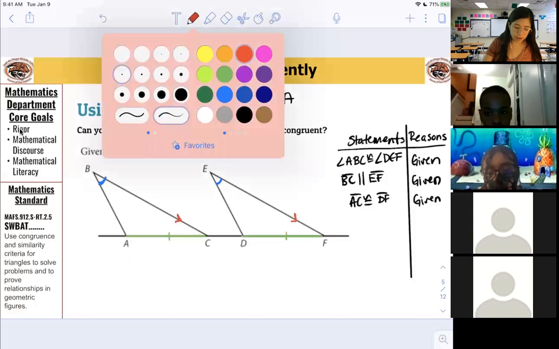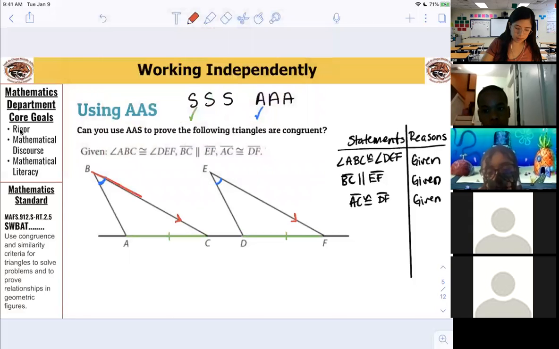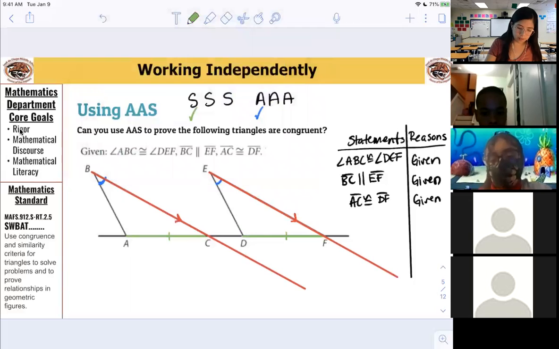But since we know that BC is parallel to EF, I'm going to extend them. Since we know those two are parallel, then we can know for sure that angle C is congruent to angle F. And what are those to each other?